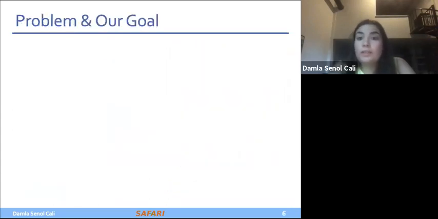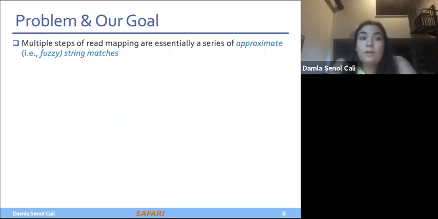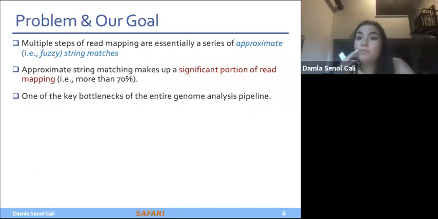Due to its need to account for edits, multiple steps of read mapping are effectively a form of approximate, fuzzy string matching, and can make use of existing approximate string matching algorithms. Typically, approximate string matching uses an expensive quadratic time dynamic programming algorithm, and this algorithm accounts for over 70% of the execution time of read mapping and acts as the bottleneck for the entire genome analysis pipeline.